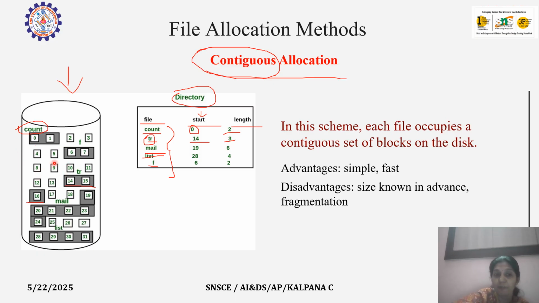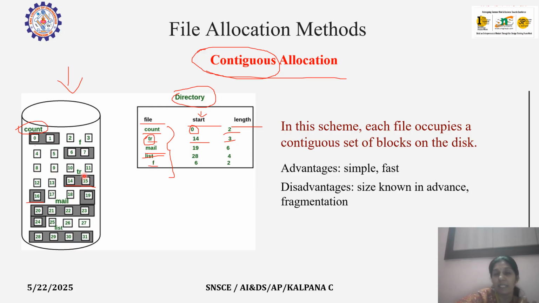If the file size is large, for example, blocks 8, 9, 10, 11, these 4 blocks are empty here. For example, I have a file of a large size. According to this scenario, I can't store my larger file in blocks 8, 9, 10 and 11.